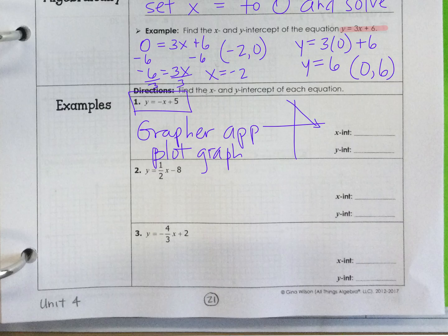If you take your cursor and you move it to there, it will tell you that your x-intercept is negative 2, 0. And then if you move it up to where that's crossing, it's going to tell you that the y-intercept is 0, 6. So this way is easier with your calculator.